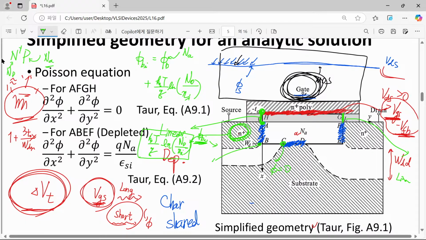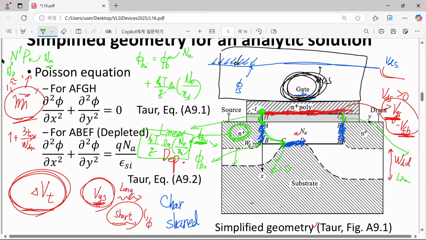At B, still we have phi bi. So let's assume that the distance between this B point and C point is the same as the source side depletion width, and let's assume that potential varies exactly the same way, with parabolic behavior.